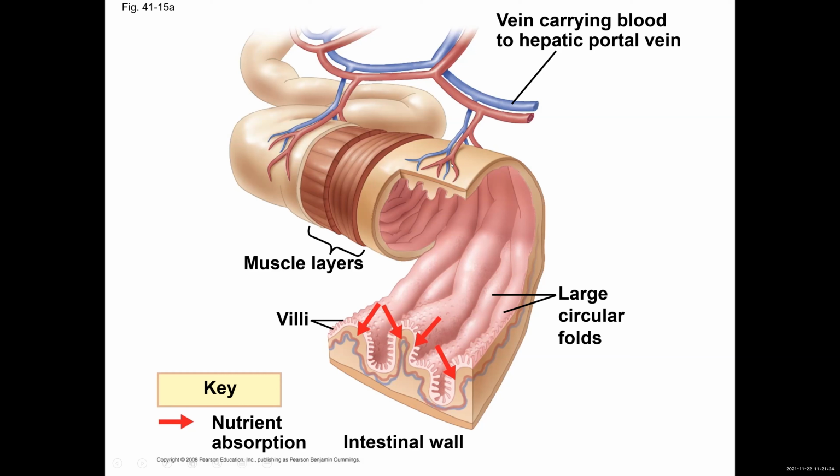When we look at how the circulatory system traverses the entire small intestine, it's going to have smaller blood vessels that wrap around it so that it can absorb those nutrient molecules directly from the intestine. However, most of the blood flow going from the intestine isn't going to go straight to all parts of your body, right? It's going to go straight to your liver.